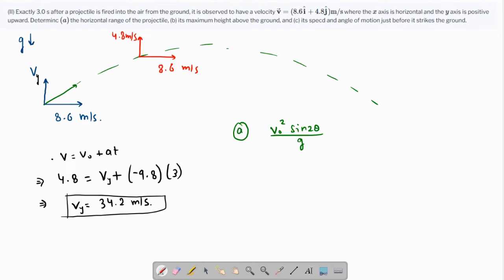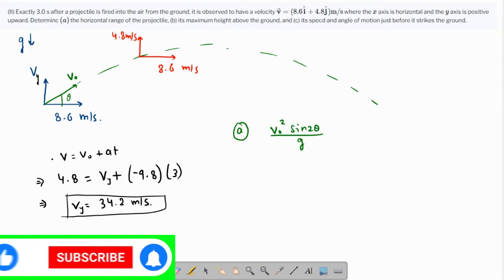This is the formula which will enable us to get the range, where v naught is the net initial velocity of the complete flight, and theta is this angle, so we need to find this angle as well. Let's work out both.